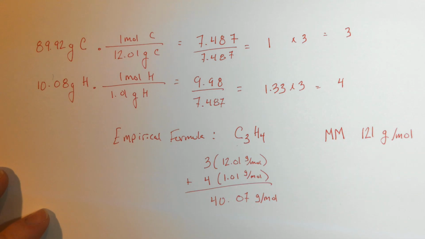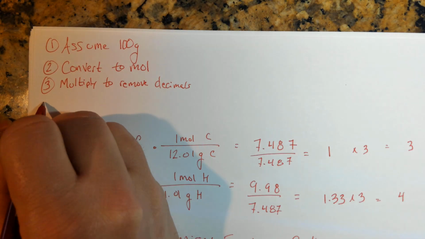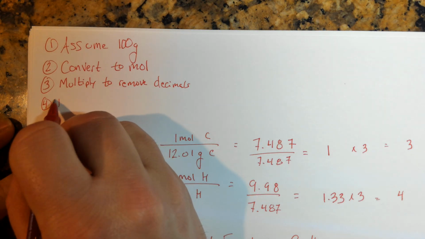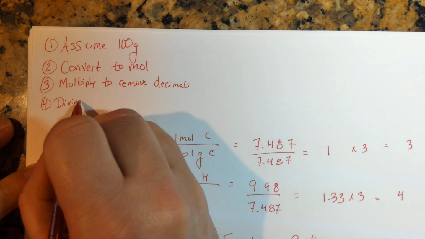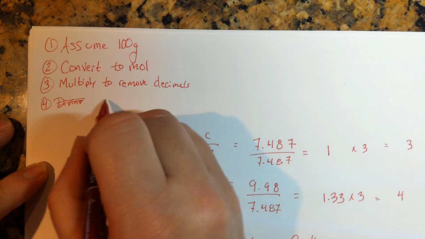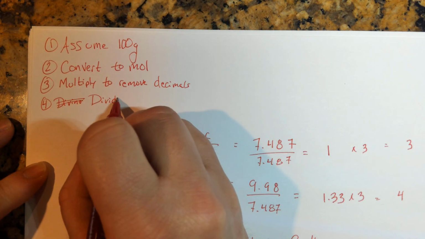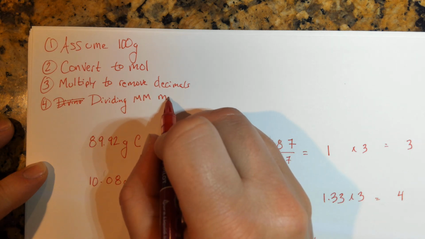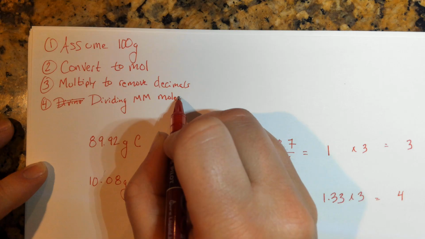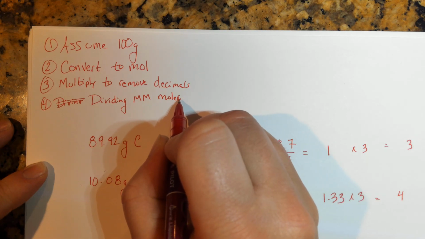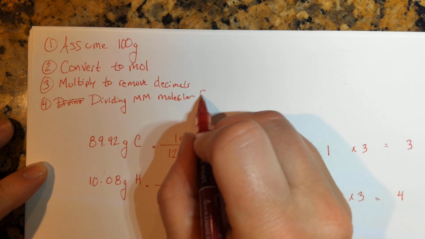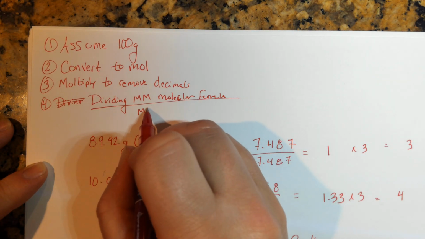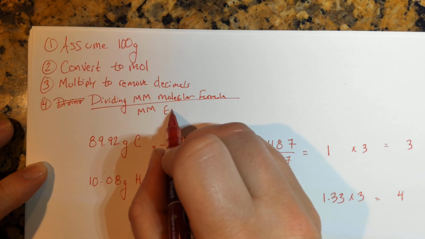And we can just do that by dividing, gosh, my spelling today is terrible, the molar mass of the molecular formula by the molar mass of the empirical formula.